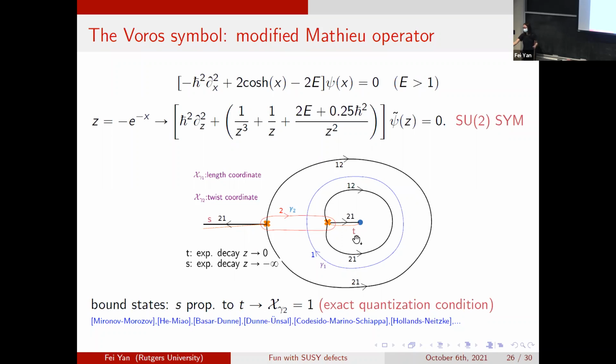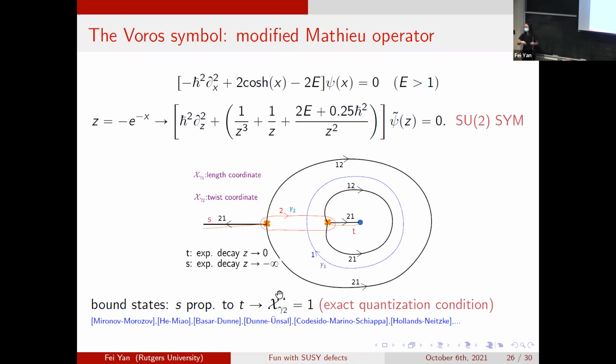Essentially, when you do the WKB analysis, you get all the local solutions within each region, but two of them are special, which I call T and S here, where T is some exponentially decaying solution as it goes to 0, and S is some exponentially decaying solution as it goes to minus infinity. And essentially, this bound state requirement is to set S proportional to T, or more precisely, the analytically continued S. When you analytically continue S and T to some common region, they're proportional to each other.